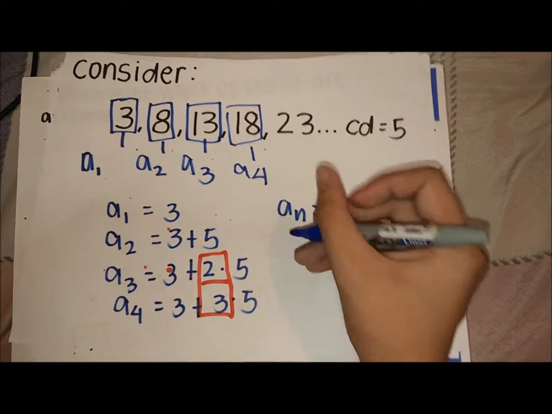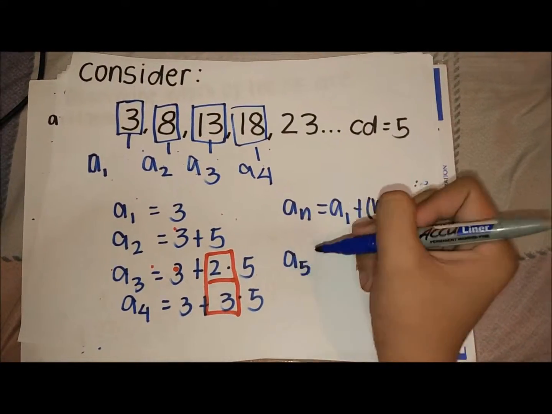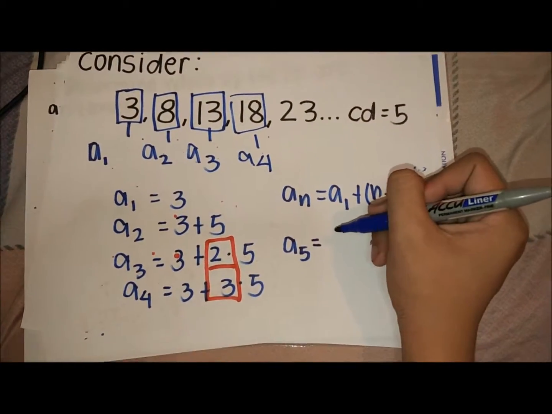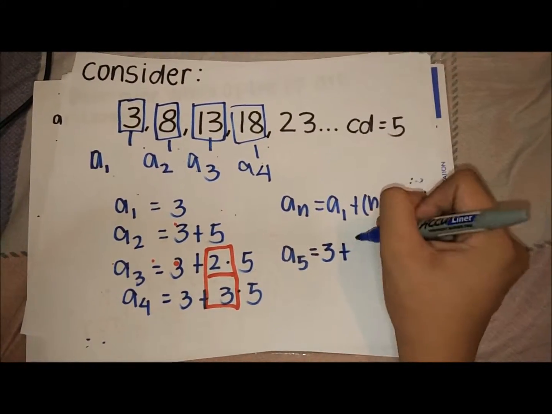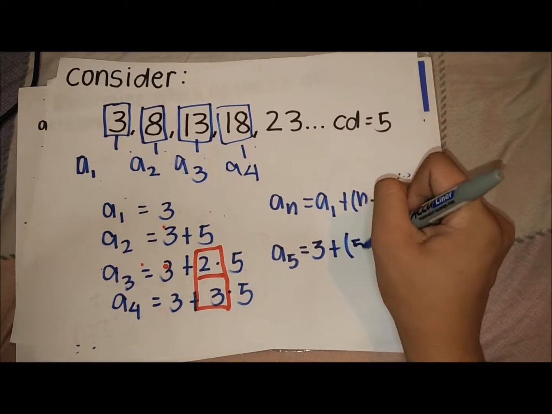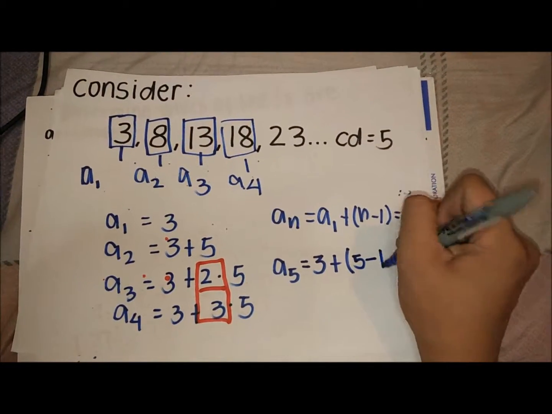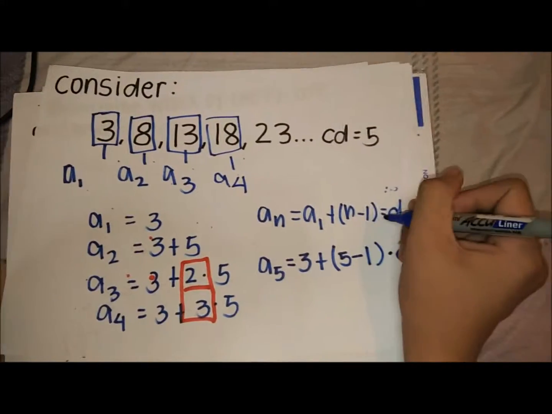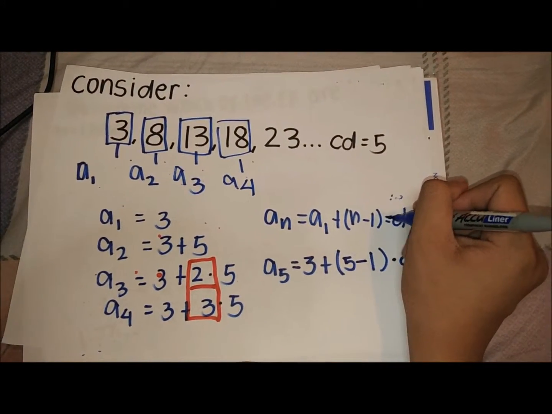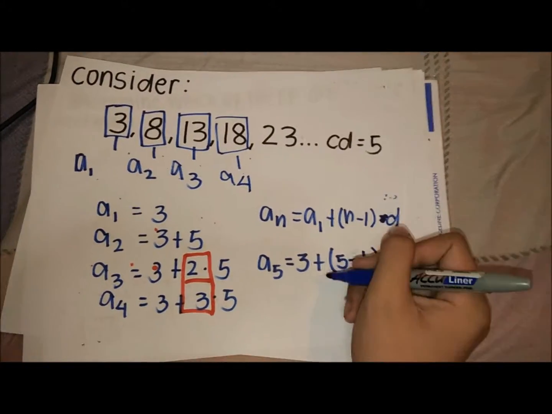So if we're searching for a sub 5, we just need to find the value of a sub 1, which is 3, plus the number of terms, which is 5, minus 1, times d. Oh no, it's not equals, it should be times d. Okay.